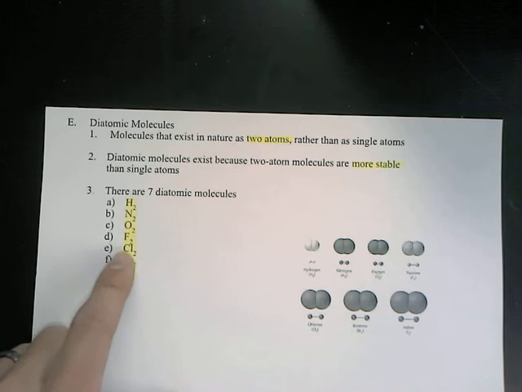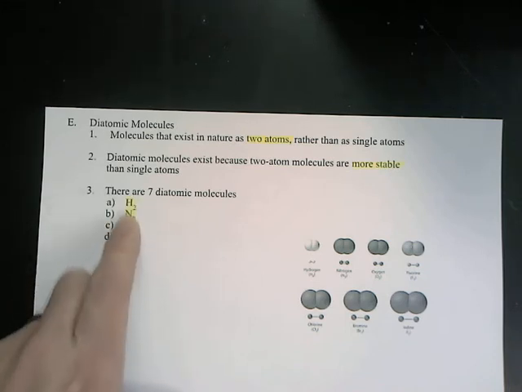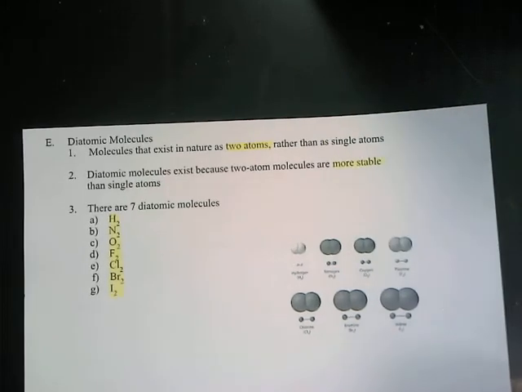Anytime you see these alone, they need to be written as H2, not just H. So if you see hydrogen by itself, it needs to be H2. And same thing all the way down this list. Again, these things are more stable because they form those covalent bonds by sharing electrons between those 2 particular atoms.